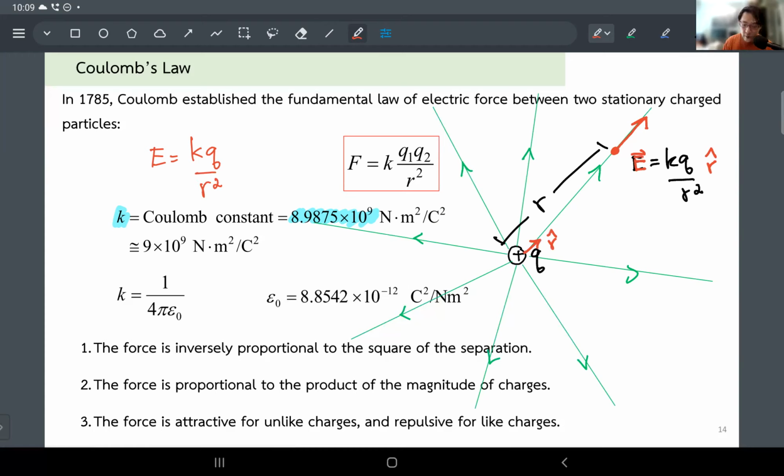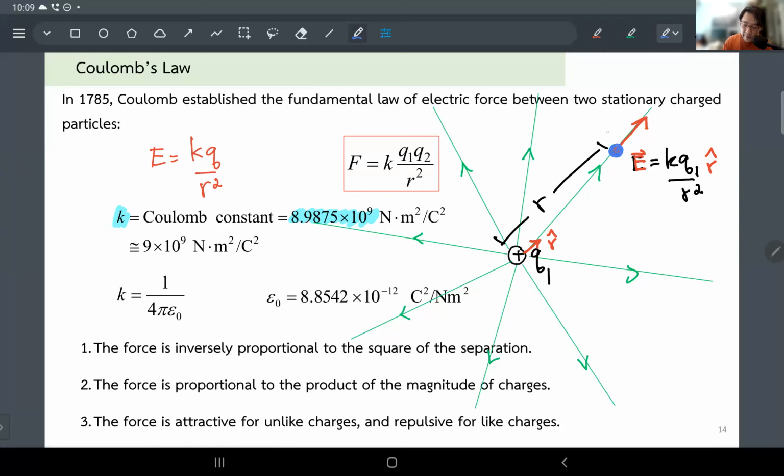Now, what I want to do is I'm going to place another charge there. Because now we're going to have two charges. So I'm just going to call this source Q1 right there. Okay. And now I'm placing the second charge right here at the location that we know already there is an electric field.